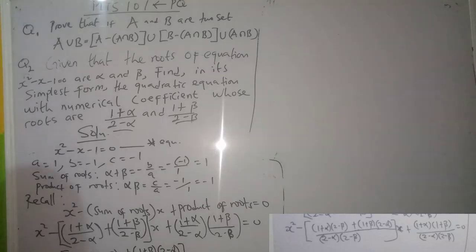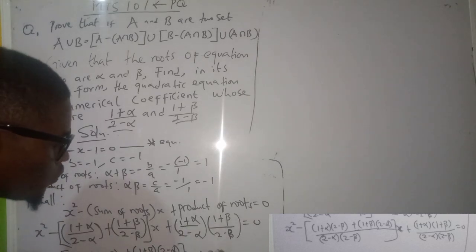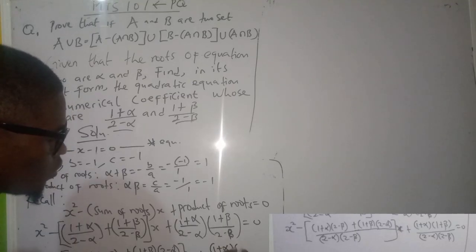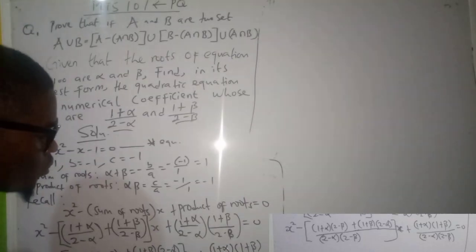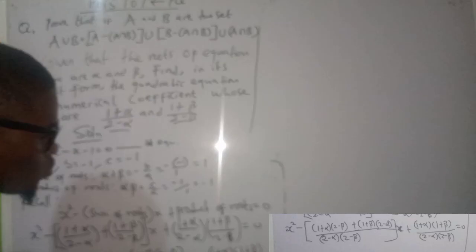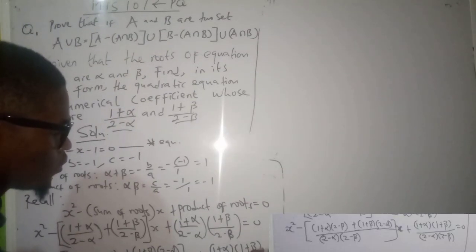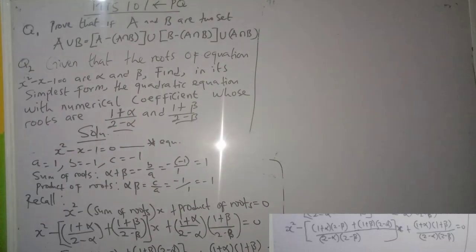Alright, you have to expand this, so that's just it. Plus when this one multiply this one, you are having 1 plus alpha, 1 plus beta over 2 minus alpha, 2 minus beta equals to 0. Alright, so we are still expanding.